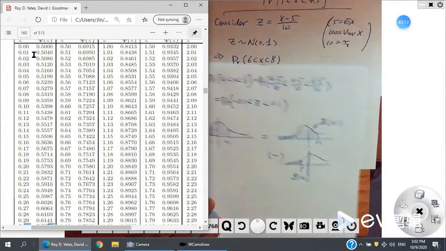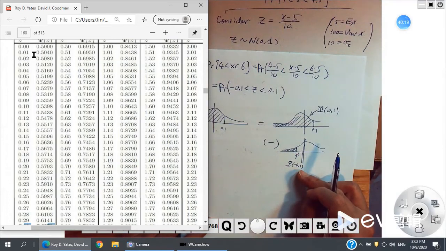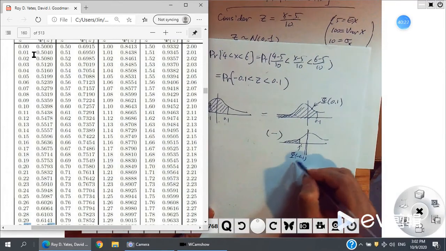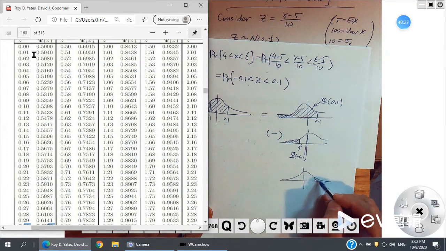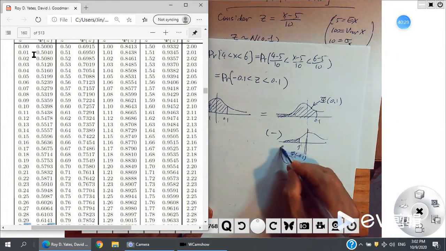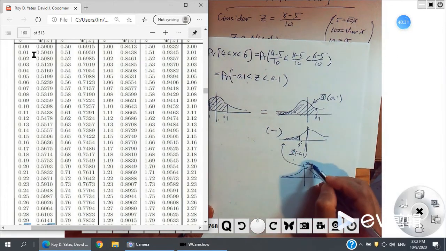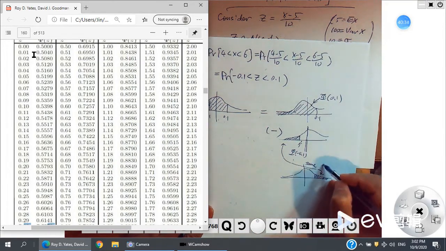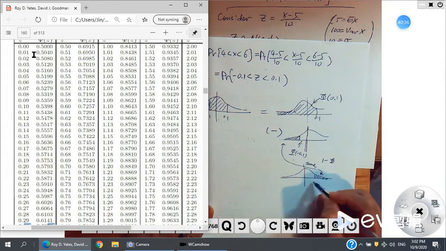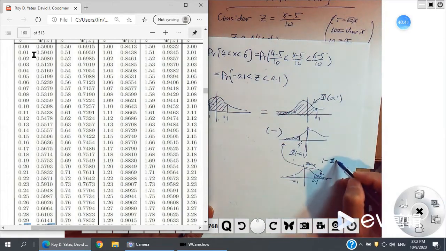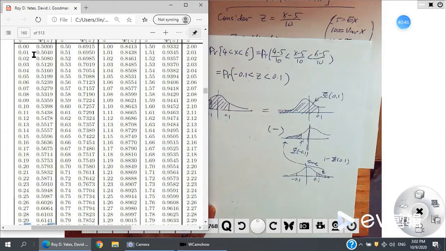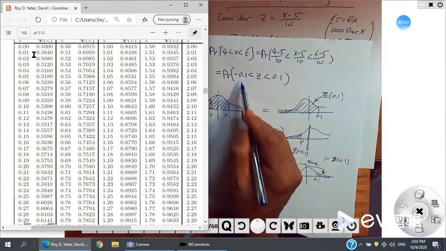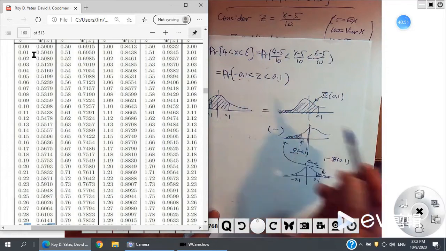But this phi of negative 0.1 we cannot calculate directly. This one can be written as 1 minus phi of positive 0.1. Yeah? I have these two values, both are 0.1, but they're different.